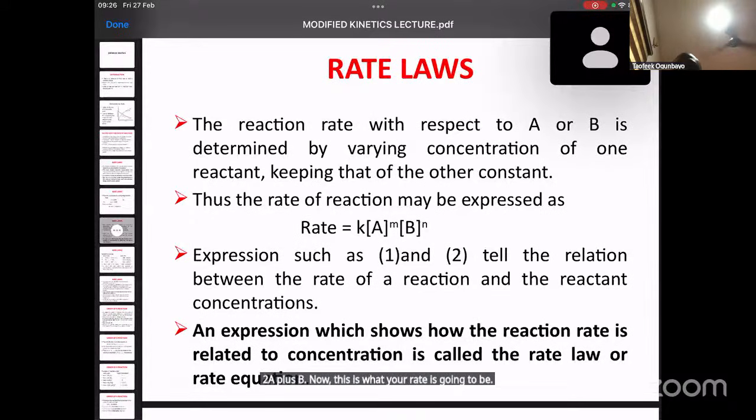Your rate is going to be K, [A] raised to power M, [B] raised to power N. M is going to be the order with respect to A, and N is going to be the order with respect to B.